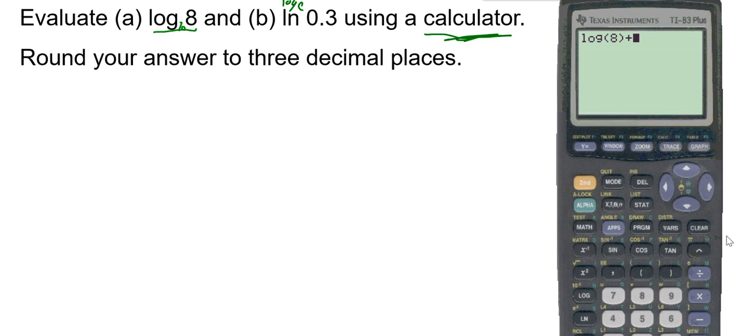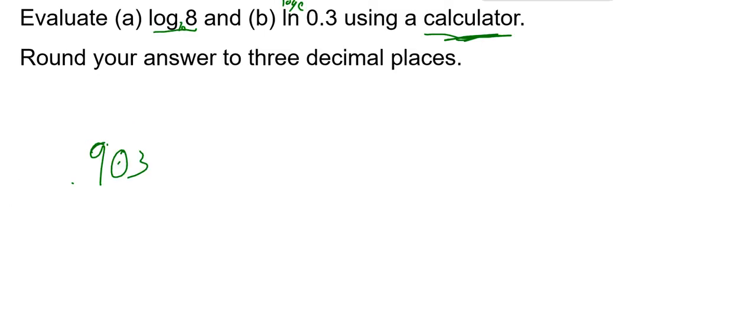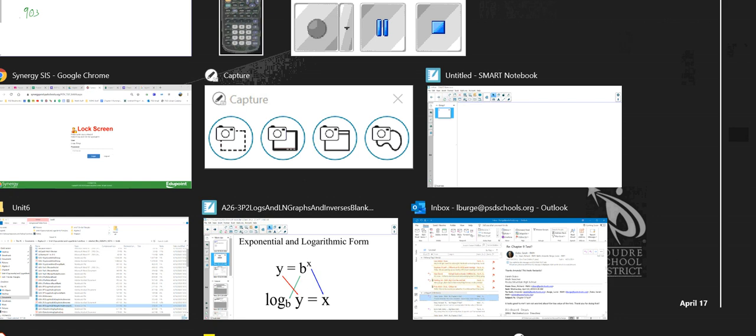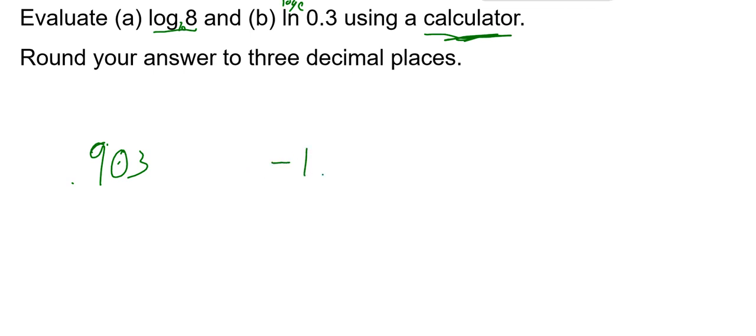Ooh, kind of running out of screen here. Log of 8 is 0.903. And for the other answer, ln of 0.3, ln is just right there, and I do 0.3, and I hit enter. And so I get negative 1.204.